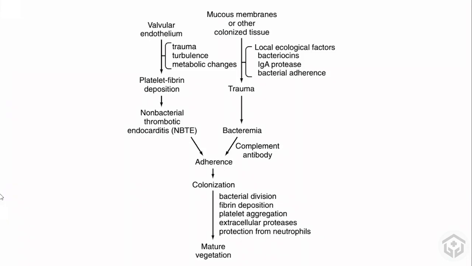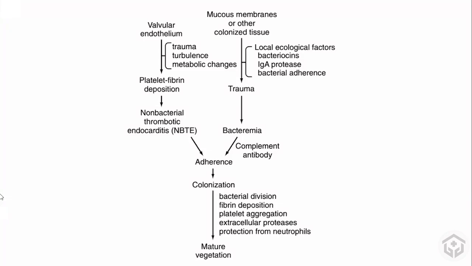They can cause this damage of the endothelial surface. When the damage occurs, usually our coagulation process will be stimulated. So there is platelet fibrin deposition, with fibronectin and other extracellular matrix, and this develops into non-bacterial thrombotic endocarditis.